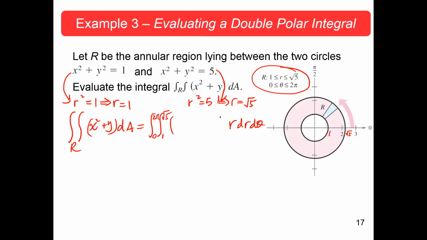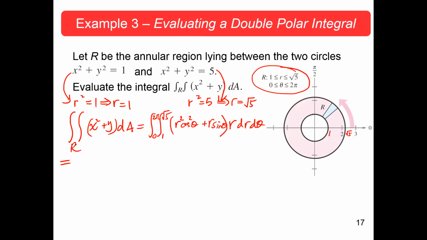What do we do with the integrand here, the x squared plus y squared? Replace it with cosine and sine. Yes, so we replace x by r cosine theta, squared, and replace y by r sine theta, also squared.